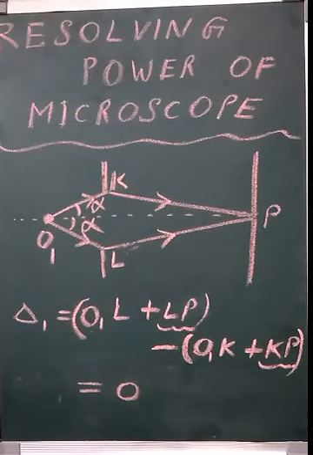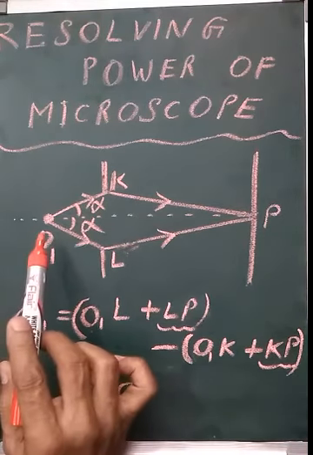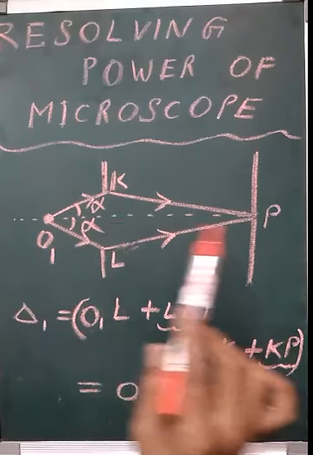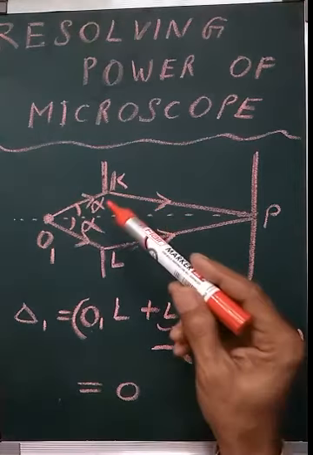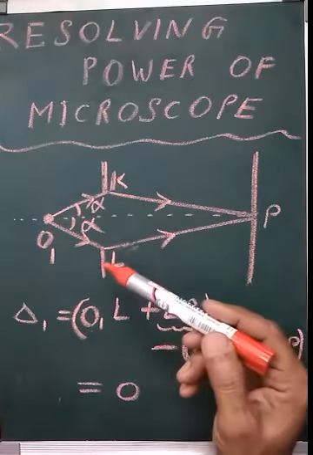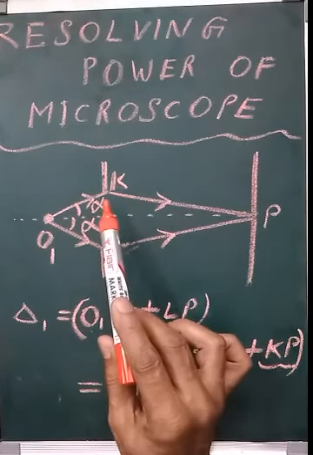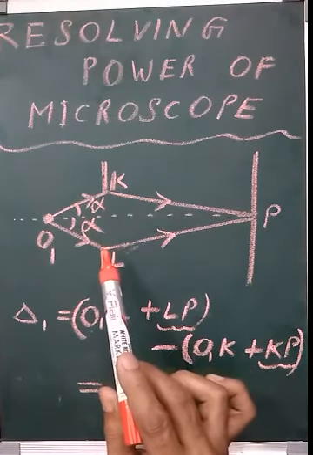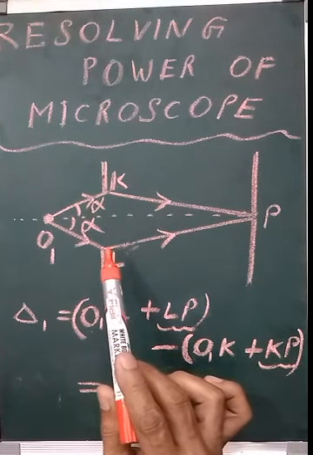Now, in order to derive a relation for resolving power of microscope, let us suppose the object O1 lies on the principal axis of objective of microscope, that is represented by KL. K and L are two ends of objective of microscope.